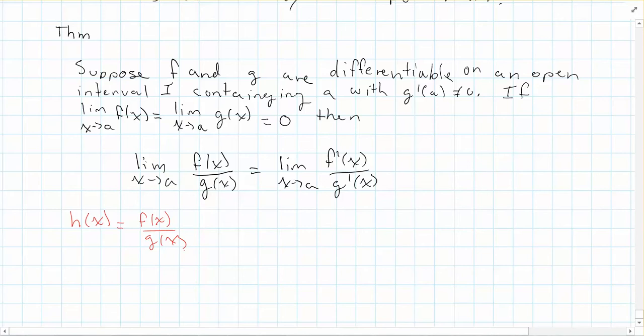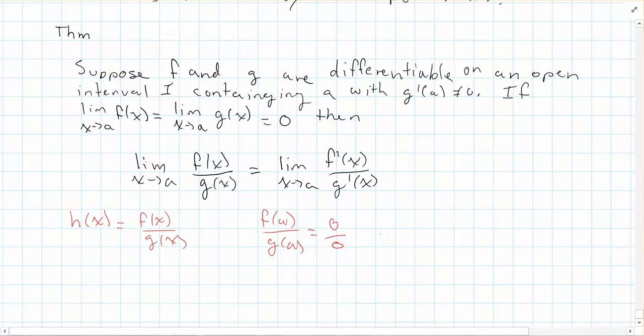You can think of it as f at A over g at A giving you 0 over 0. Remember, back at the beginning of the semester, we said if you got 0 over 0, then there was more simplification that you could do. Well, that's not always the case, and we'll see why in a second. But we can figure out what these limits are going to be.